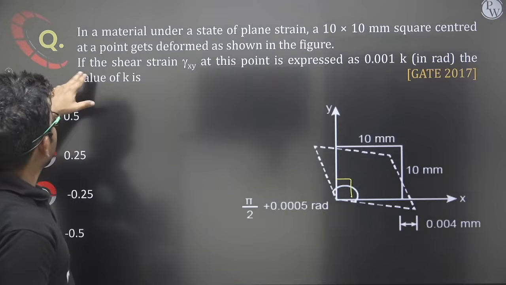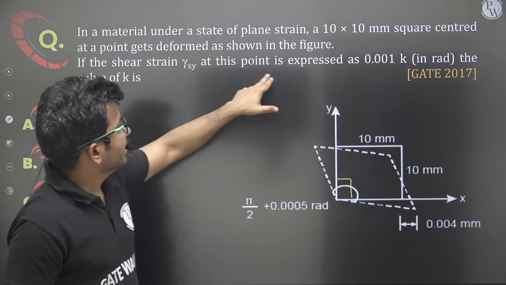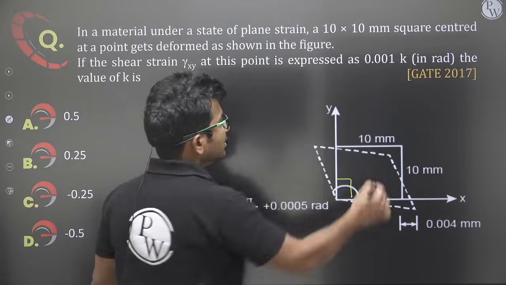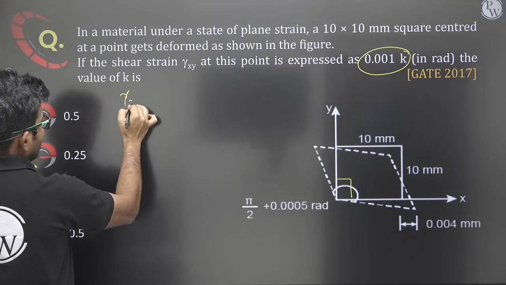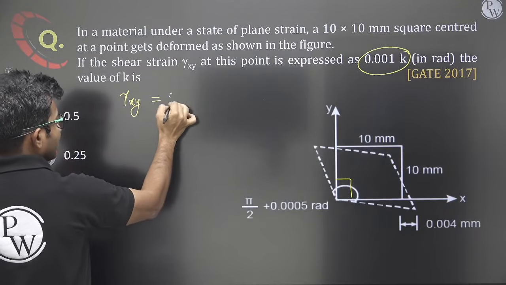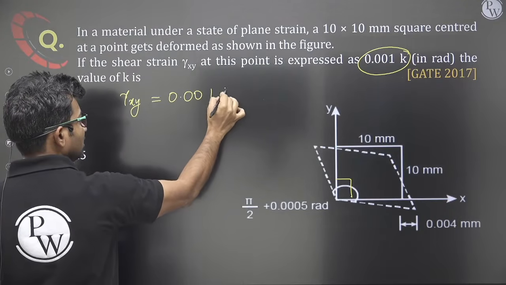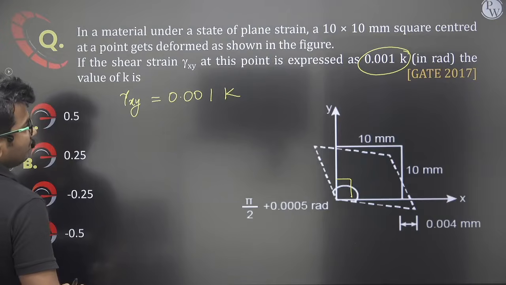If the shear strain gamma xy at this point is expressed as 0.001 K, we have to find the value of K.